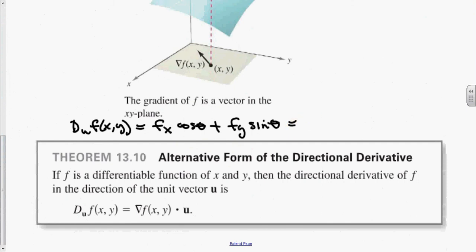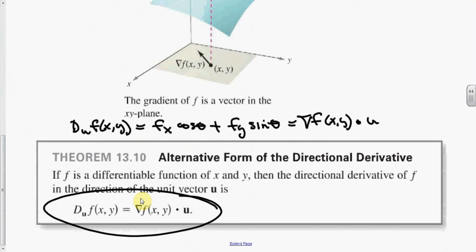But if you take the gradient of f at some point x comma y, and use the dot product of it with that unit vector, you get exactly the formula that we had before. So that's all that we're doing here. Just an alternative form. You can use that.